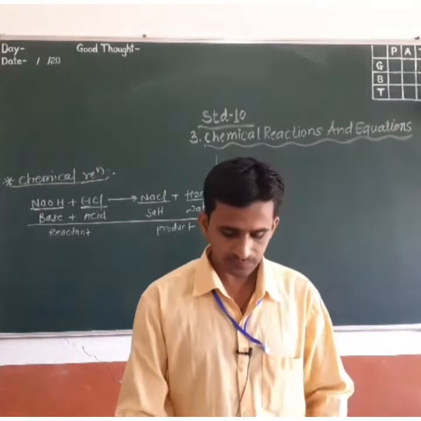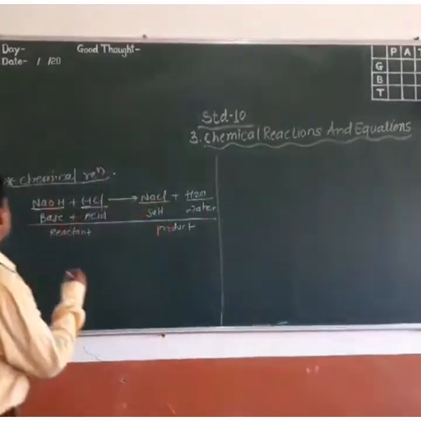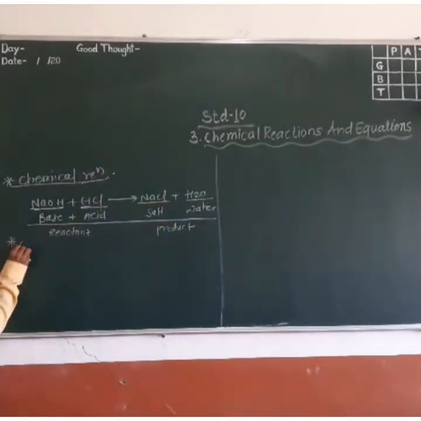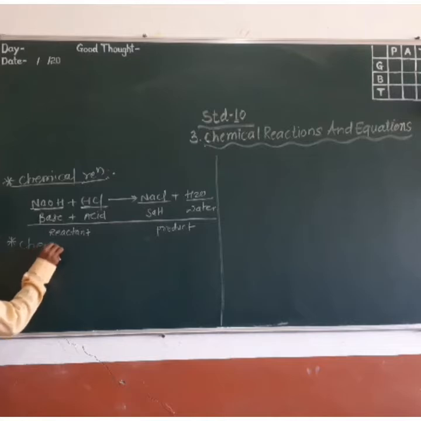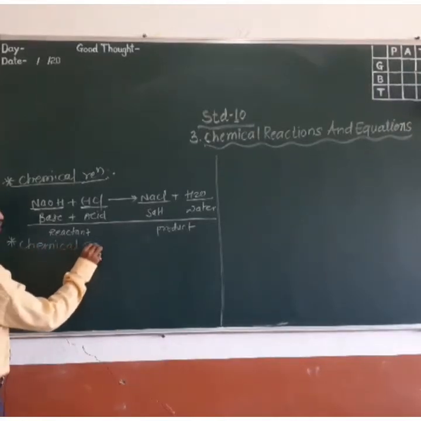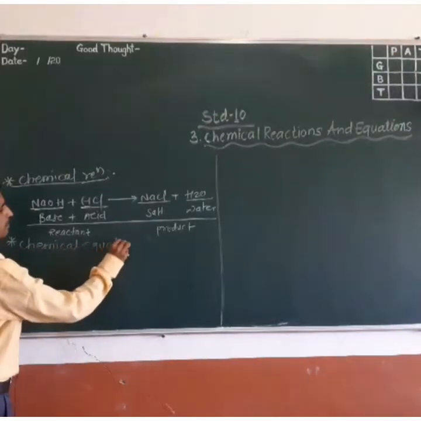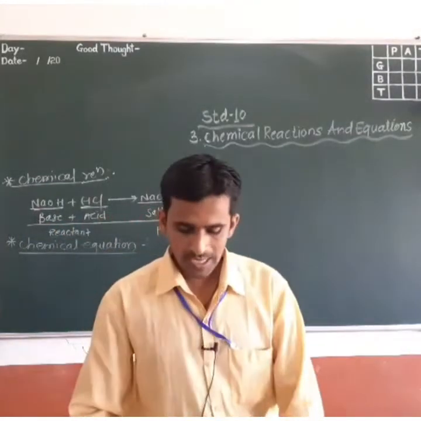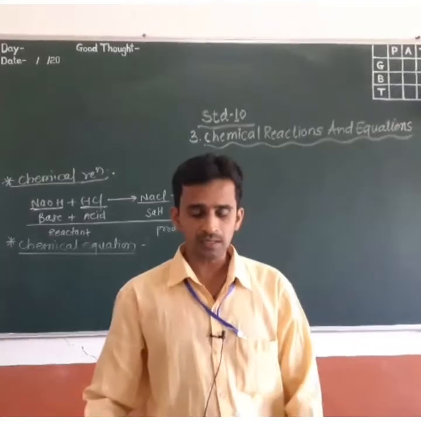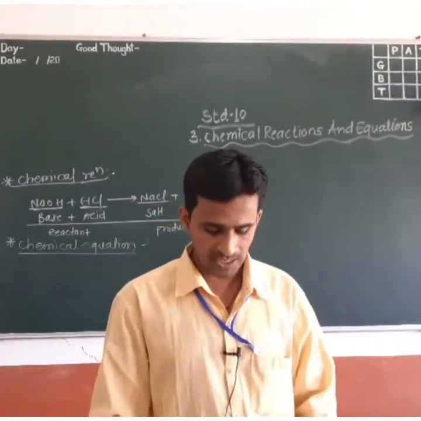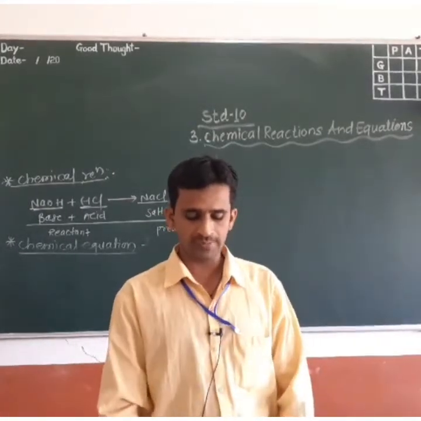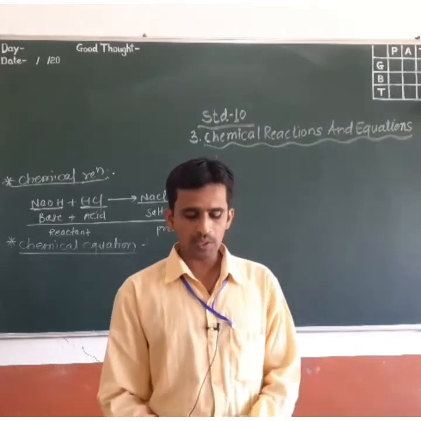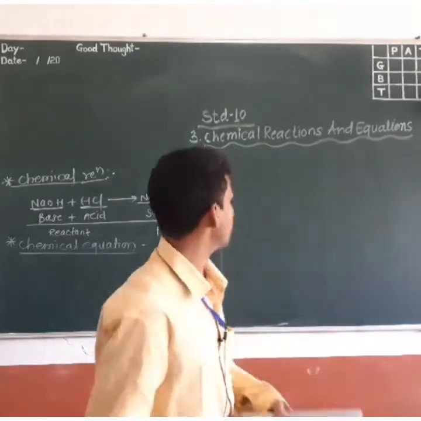Next one is chemical equation. Chemical equation definition: a chemical equation is a representation of a chemical reaction with the help of chemical formulas.